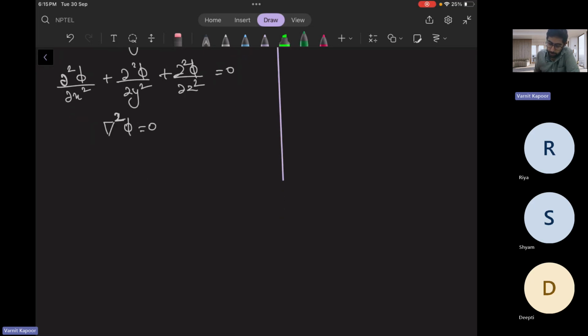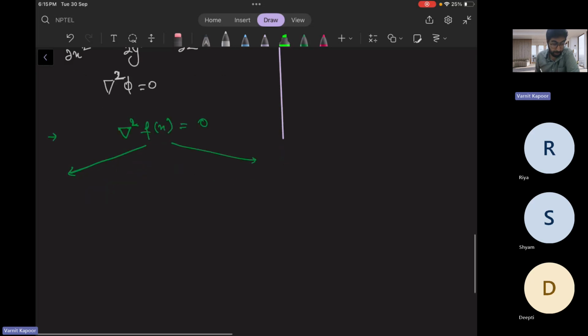So if my function f of x has Laplacian equal to 0, you can divide it in two ways. One was defined by Laplace, the other was defined by Poisson. The Laplace equation states that del square f is equal to 0, where f here is nothing but phi.